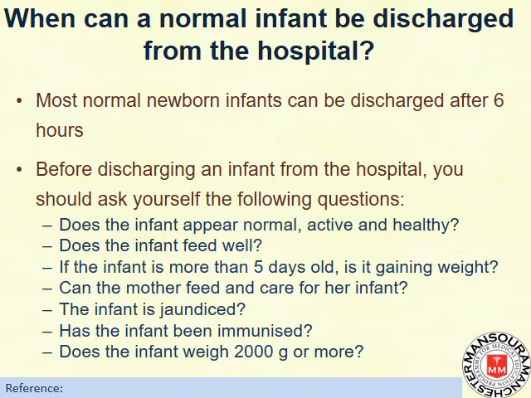Does the infant weigh more than 2 kilos or not? If the answers are reassuring for all these questions, then the baby can be discharged from the hospital, but follow-up visits should occur within 48 hours to assess the baby for other problems that may evolve, like jaundice, for example.